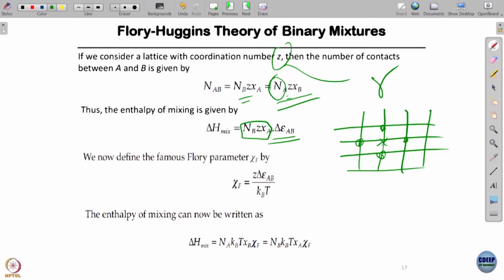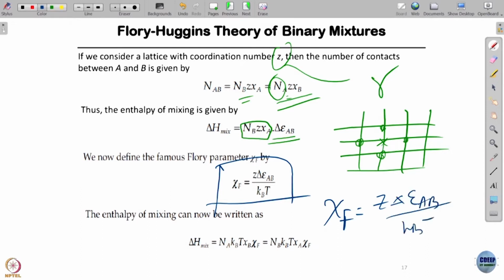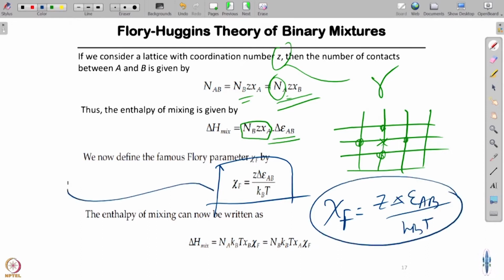Now Flory defined the following parameter, which is famous as the Flory parameter, which is this quantity chi: the coordination number times delta epsilon AB divided by kBT, a dimensionless quantity. This has no dimension.